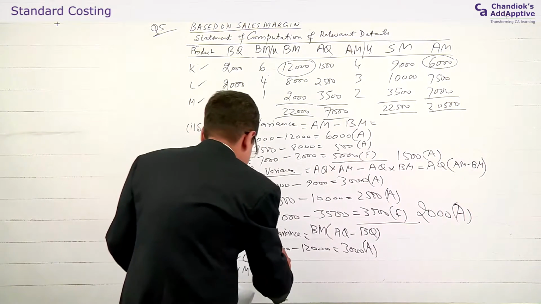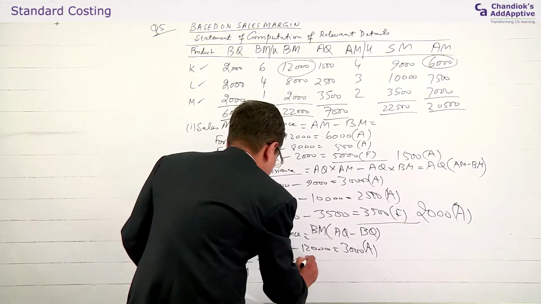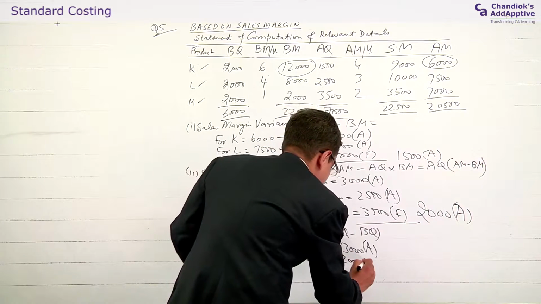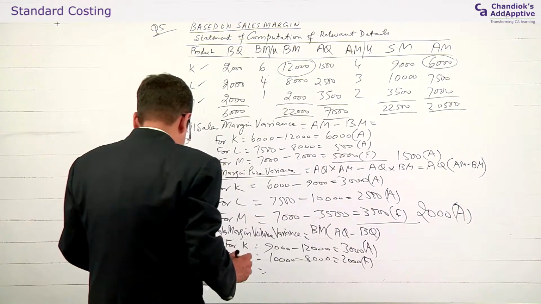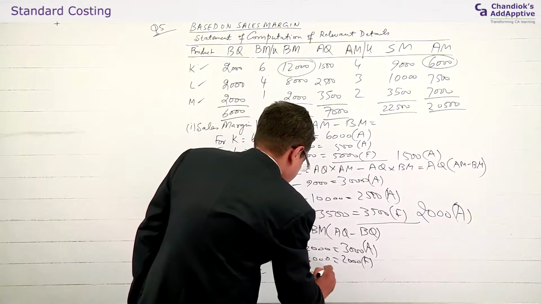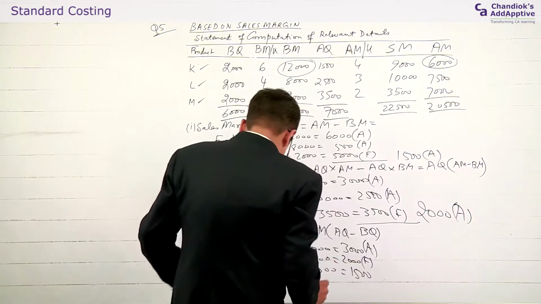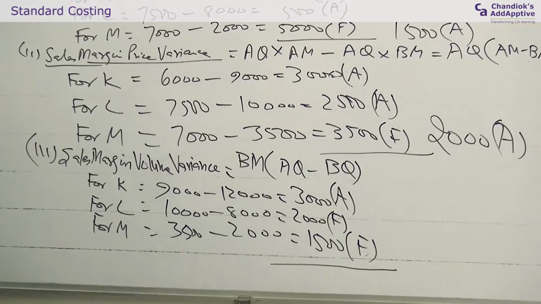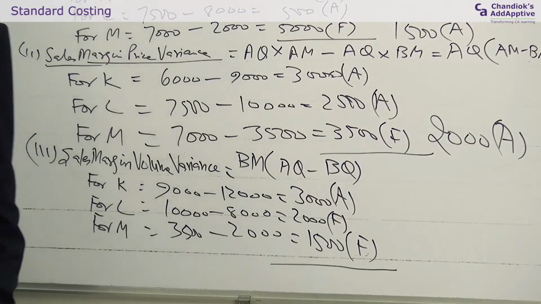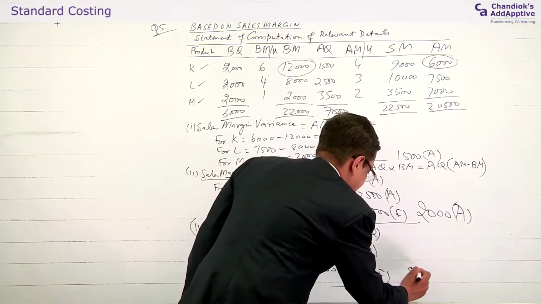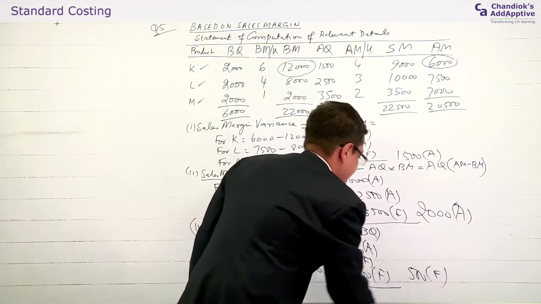For L, it is 10,000 minus 8,000, which is 2,000 favorable. For M, 3,500 minus 2,000. So, it becomes 1,500 favorable. So, if you solve the equation, you notice 3,500 is favorable and 3,000 is adverse. So, on solving it, you notice 500 is favorable.